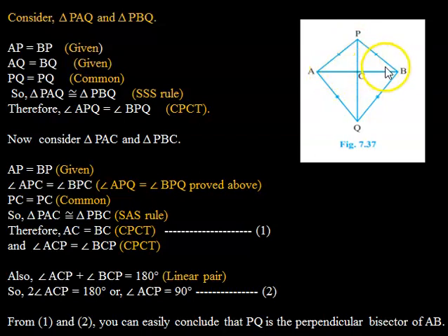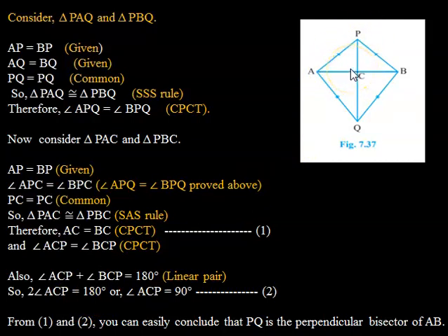Now consider these two angles. When you add ACP and BCP, what do you get? It is 180 degrees. Why? The reason is they form a linear pair. But we have proved ACP is the same as BCP. So when you substitute, this can be rewritten as twice angle ACP is 180 degrees, or angle ACP is 90 degrees.